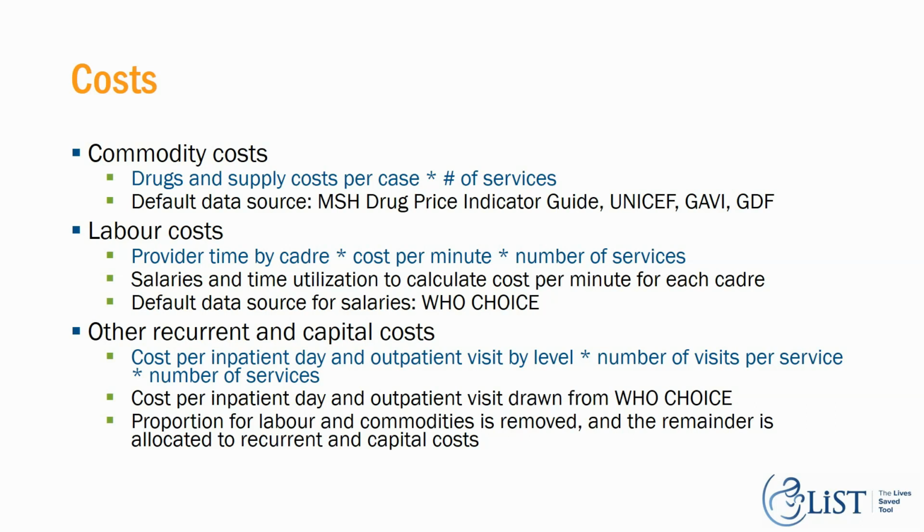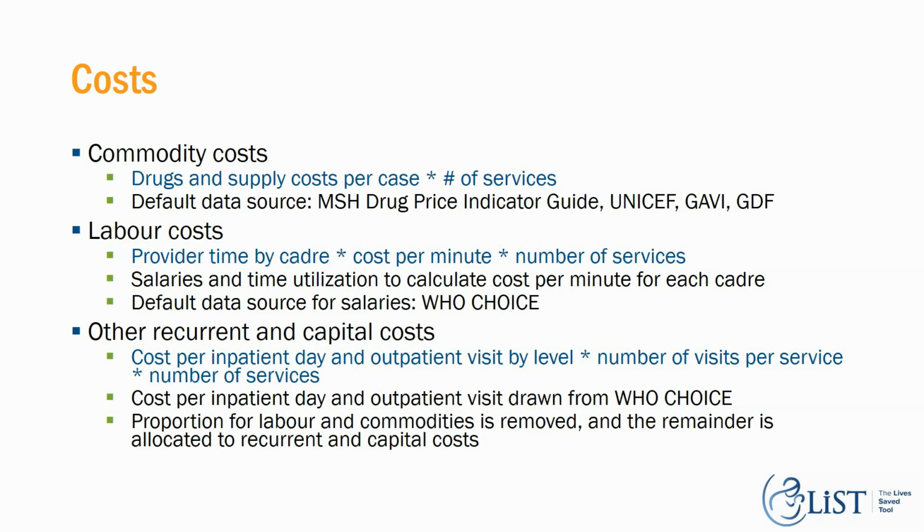For our labor costs, we've calculated out our provider time by cadre, which we will now multiply by our cost per minute, and then we'll finally multiply it by the number of services as well. We've calculated out how much it costs per minute for each cadre by using salaries and time utilization. And that information is coming to us from WHO Choice.